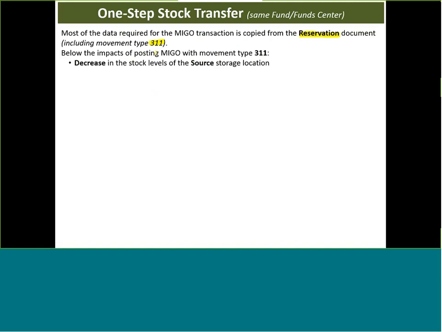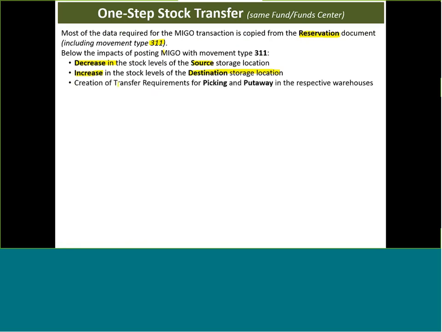After posting Migo, as we said, the stock levels at the source storage location will decrease, and the stock levels at the destination storage location will increase. And then transfer requirements for picking and for put away will be automatically created.